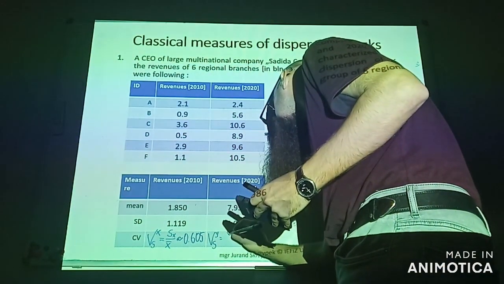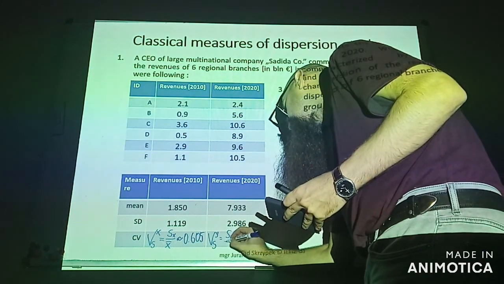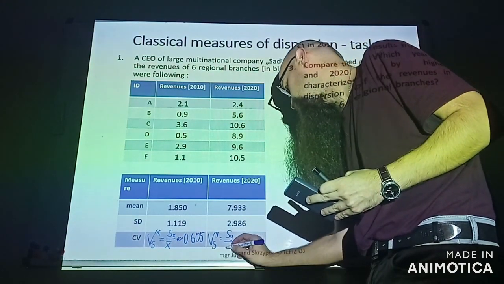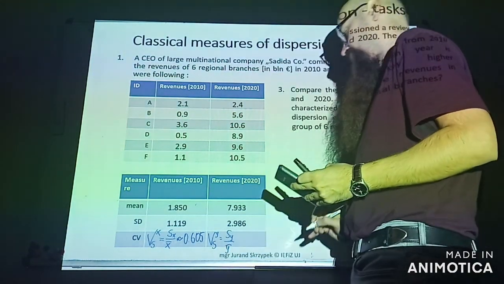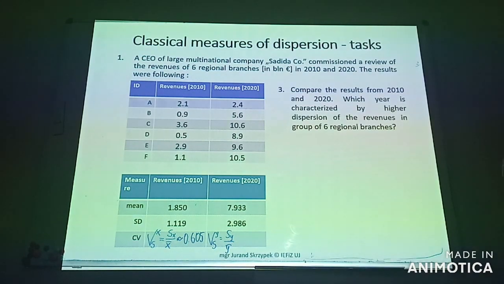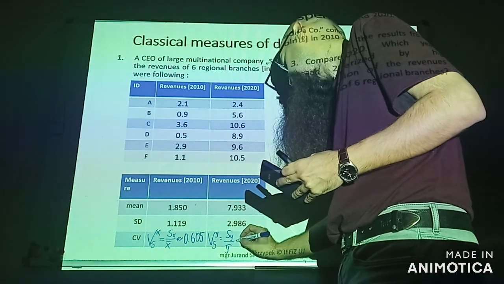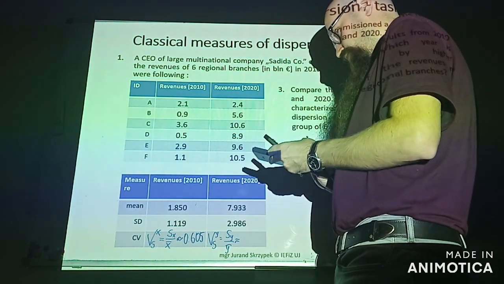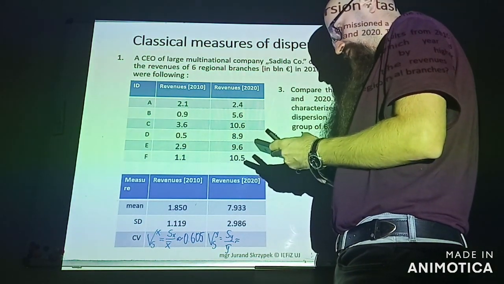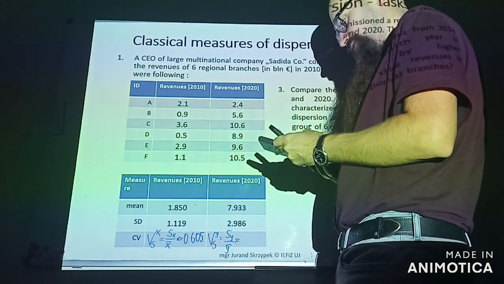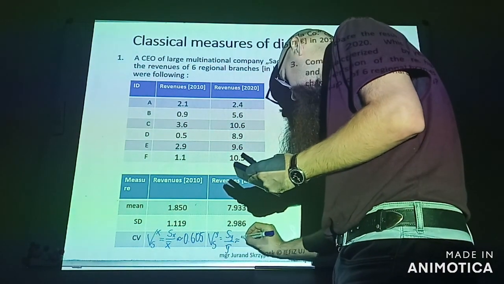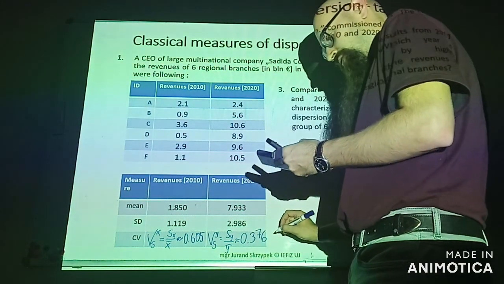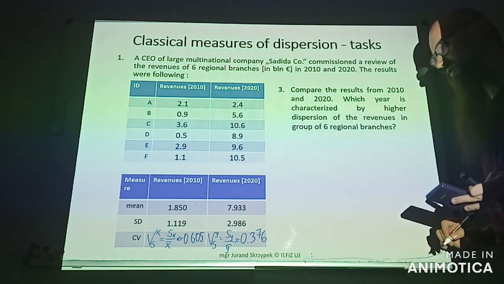And here we have VSY, a ratio between standard deviation of the revenues from 2020 divided by the mean value of the revenues from 2020 year, and the final result is 2.986 divided by 7.933, and the final result is 0.376.